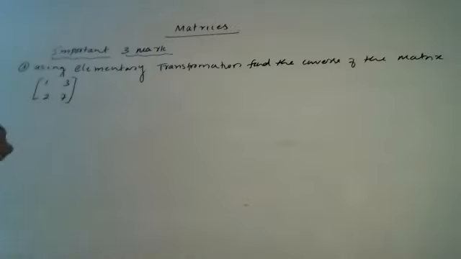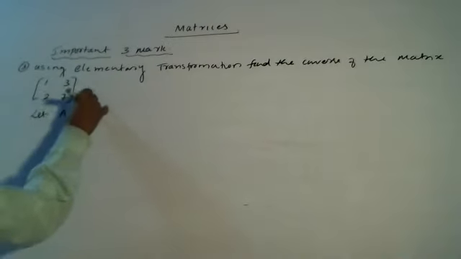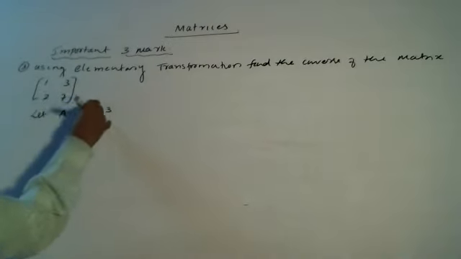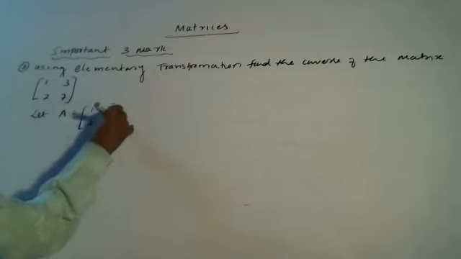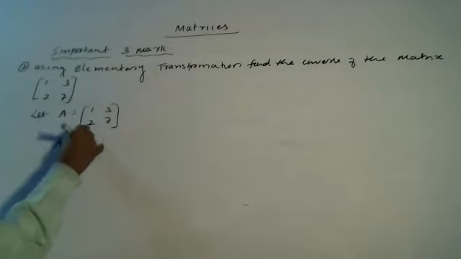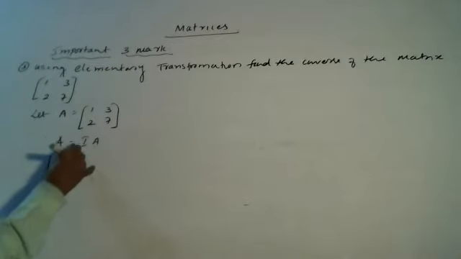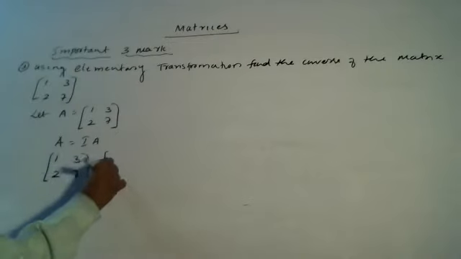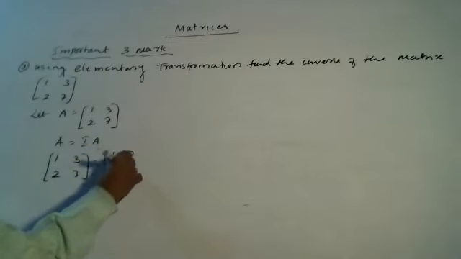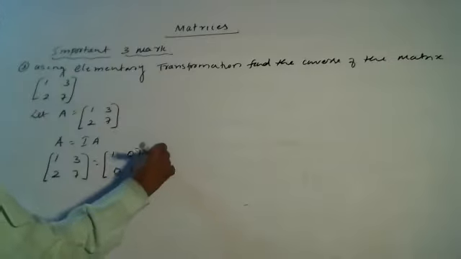Let capital A equals 1, 3, 2, 7. A equals I into A. A means 1, 3, 2, 7. I equals the identity matrix, 1, 0, 0, 1, into A.